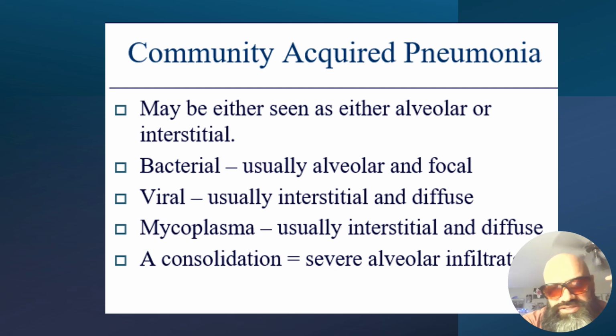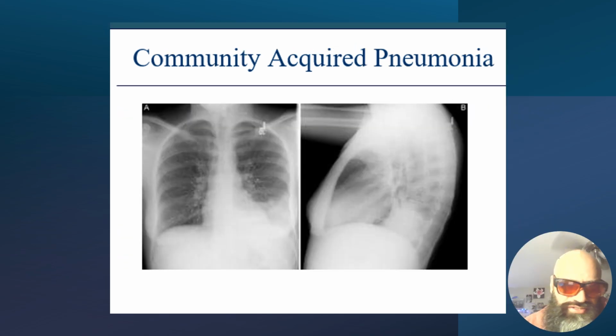In viral presentation, usually we have diffuse interstitial infiltrates combined with the symptomatology of the patient. You will probably be able to localize the area of consolidation. In this situation here, the mycoplasma origin, that's usually similar, such as a viral, and with the consolidation, that is complete obliteration, severe, basically it's like a snowball effect or a complete snow day in the lungs, so to speak.